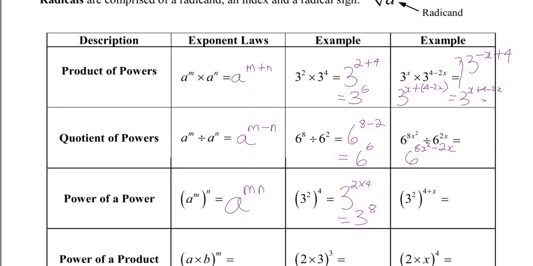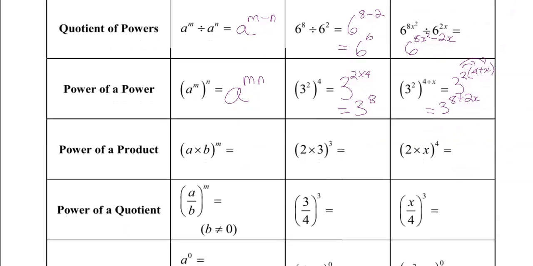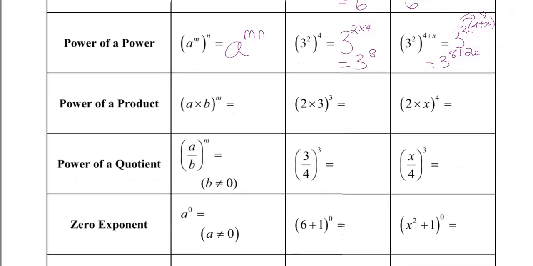We'd have to work that out in a calculator. This 3 to the 2 bracket, so we're multiplying, but because that's 2 terms, put it in parentheses. And then do the multiplication, we're going to use distributive law, and we'll get 3 to the 8 plus 2x. So make sure that you're using distributive law. We're going to run into that a reasonable number of times in this unit.